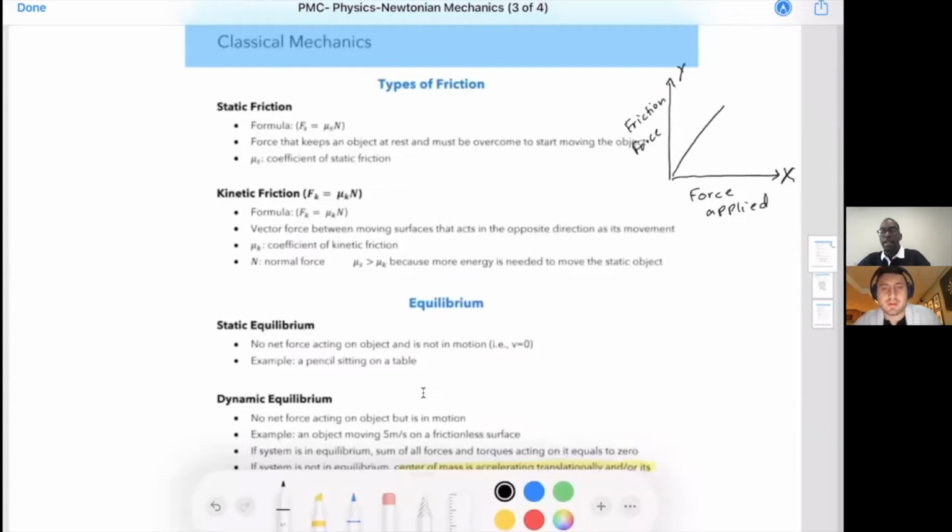Can you tell me what that point theoretically should be? When the friction force equals the force that's applied. Correct. Exactly.